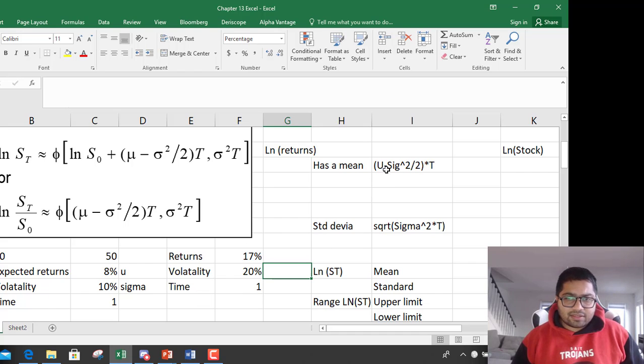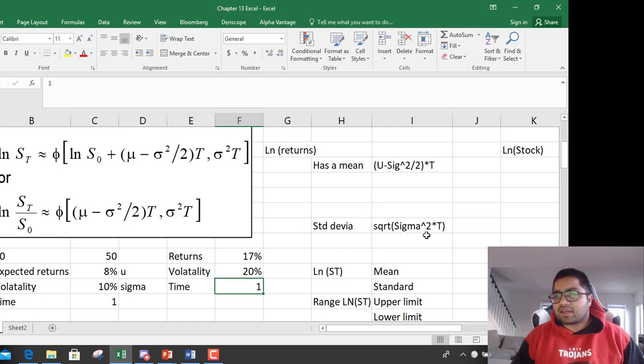Because it's a multi-year return, it's a different calculation. So method is same, but the interpretation will be different. Let's say returns are 17%, volatility is 20%, and time is 1. The formula for calculating mean is mu minus sigma squared divided by 2, times T. Standard deviation is square root of sigma squared times T.